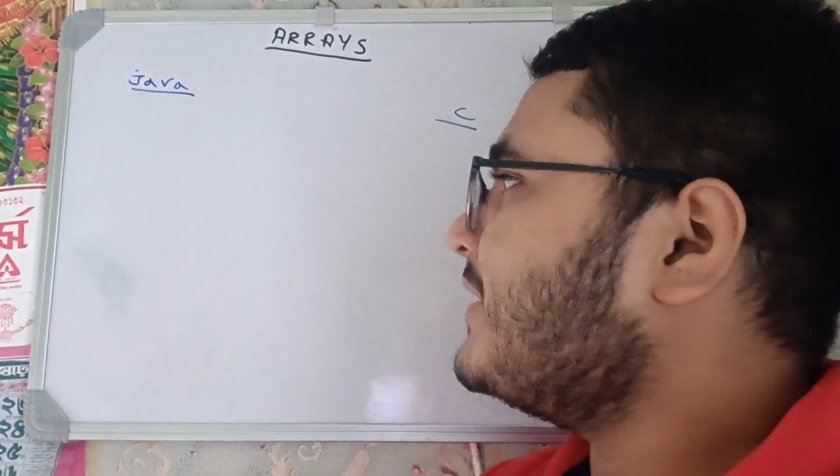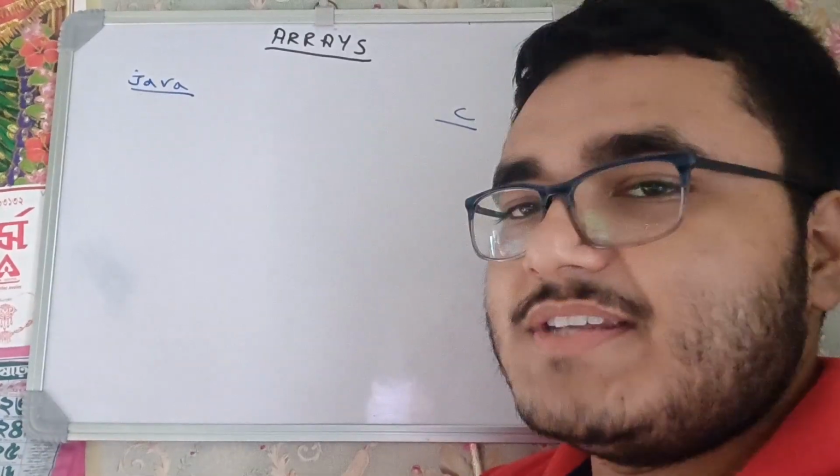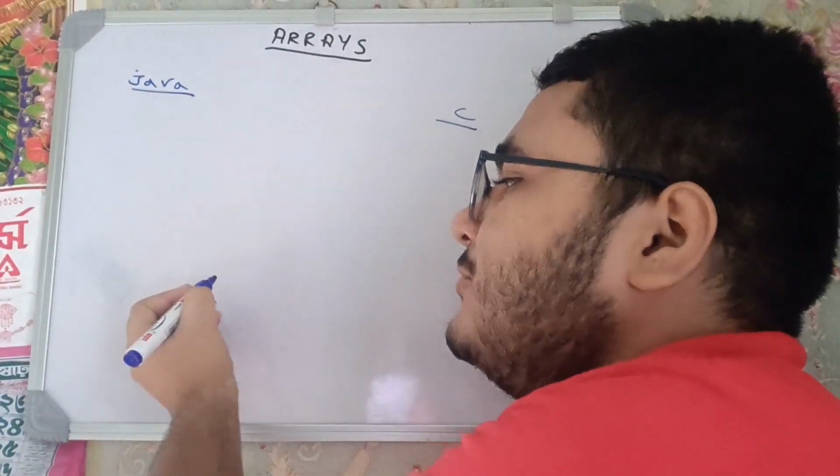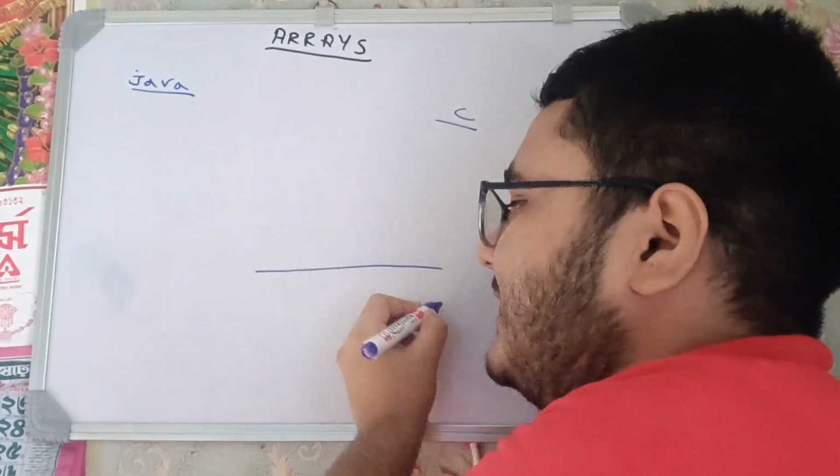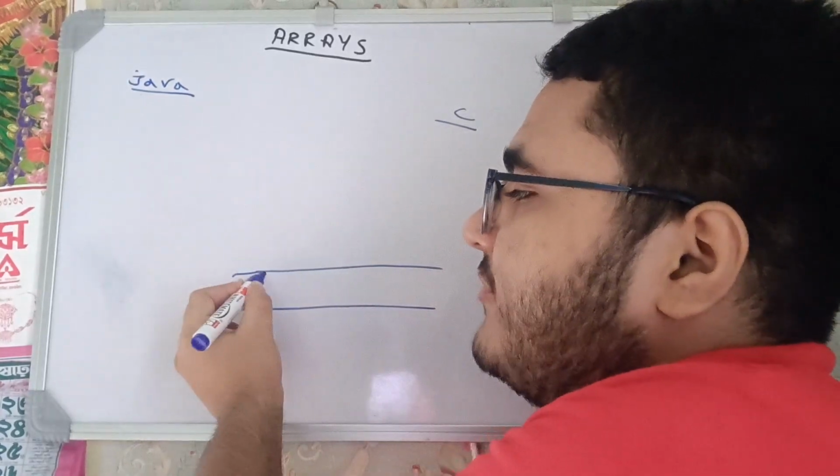Now suppose this is a long strip of memory. The concept of array is like that.